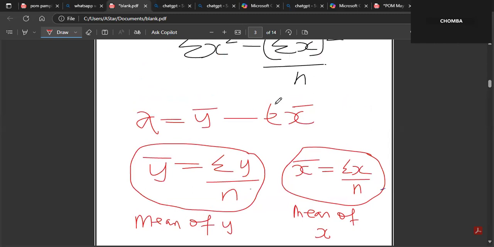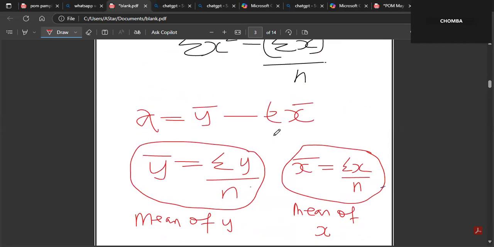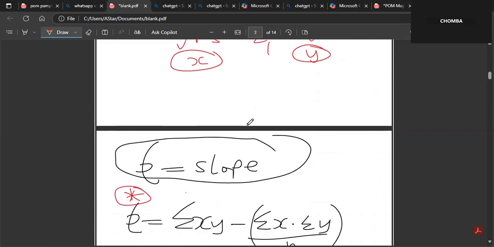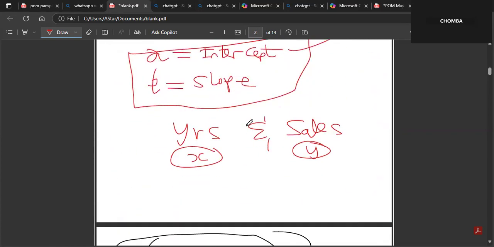Then this beta is the one that has already been found from this formula. So now you substitute these in the regression equation. Have you copied that? Yes, yes.